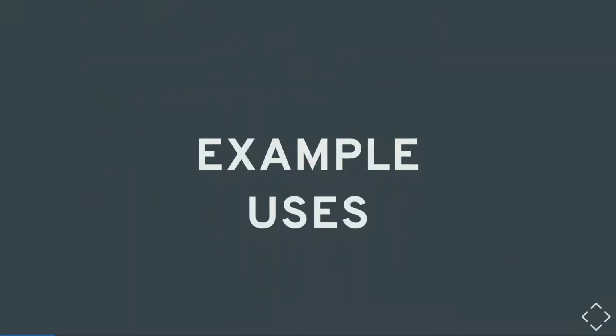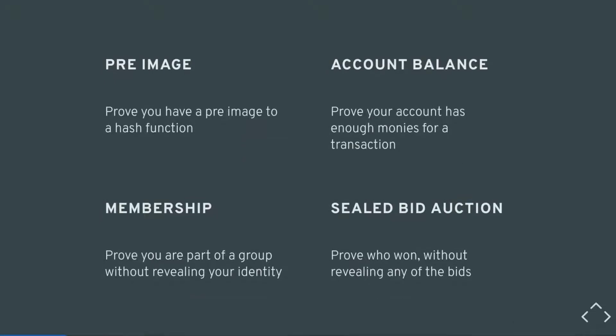But first, some example uses. One use could be proving you have some preimage to a hash function. So this could be proving you have some password that gives rise to a certain hash without sending the password down the wire. It could be proving you have some file. You can prove you have a file that gives rise to a hash without sharing the file.